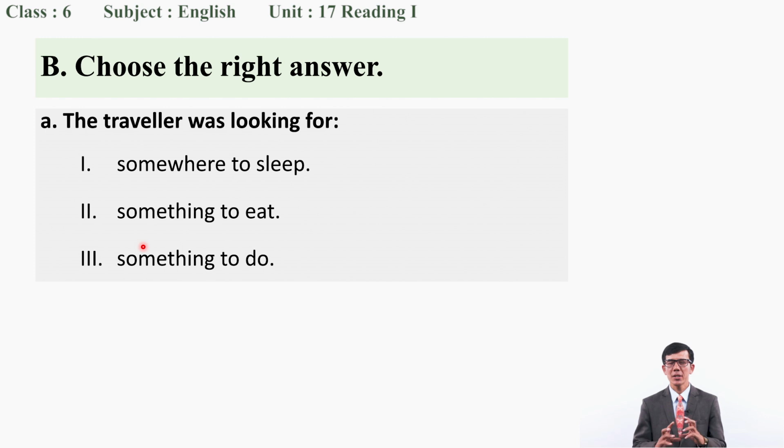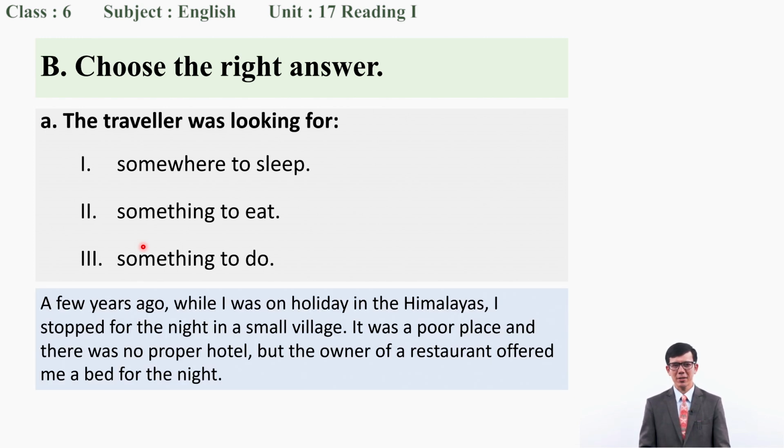What was the traveler looking for? Please have a look at this part of the story and tell me. You have to make inferences, reading the whole text and making meaning. So here the traveler was looking for somewhere to sleep, something to eat, or something to do.